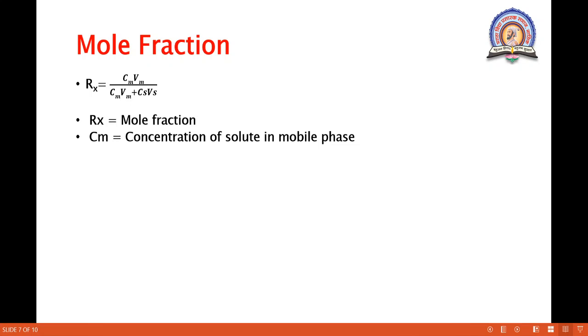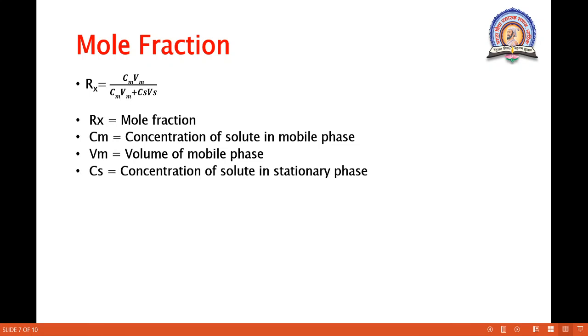Cm is the concentration of solute in the mobile phase. Vm is the volume of the mobile phase. Cs is the concentration of solute in the stationary phase. So S stands for stationary and M stands for the mobile phase. Vs is the volume of the stationary phase.